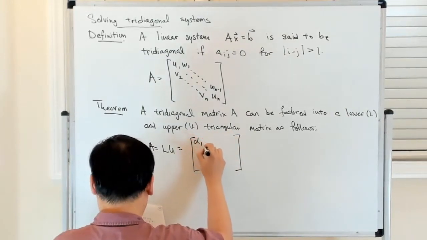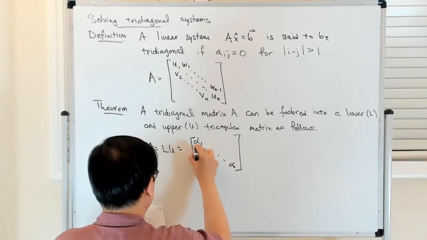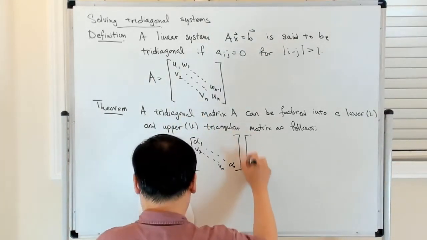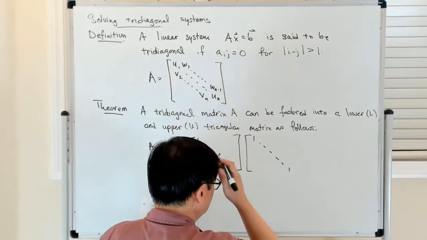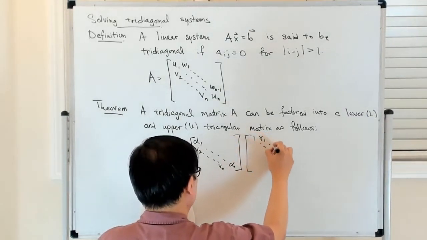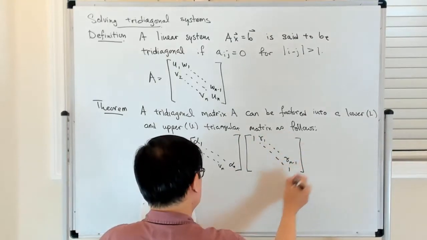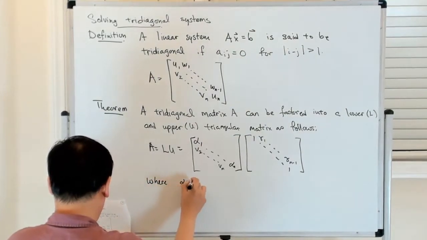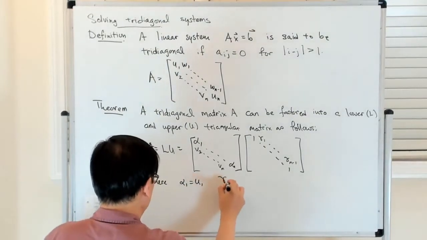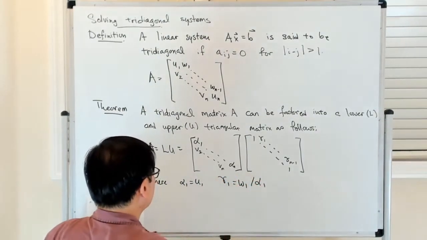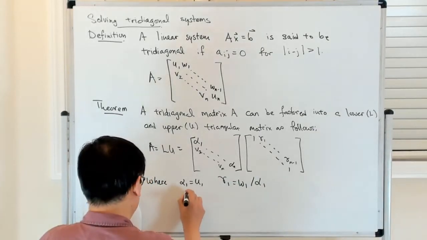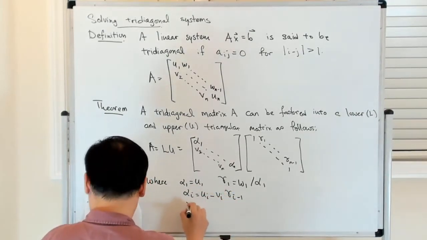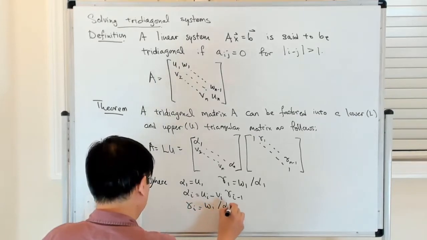So it has alpha 1 all the way up to alpha n, v2 up to vn, so the same v as before, times an upper triangular matrix which involves 1s along the diagonal and gamma 1 to gamma n minus 1 just above that, where alpha 1 is equal to u1, gamma 1 is equal to w1 divided by alpha 1, then alpha i is equal to ui minus vi gamma i minus 1, and gamma i is equal to wi divided by alpha i.